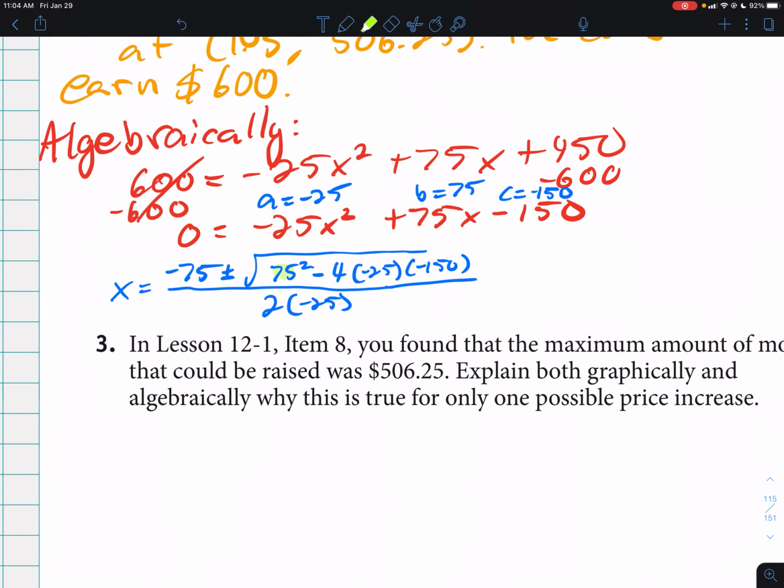So I'm going to simplify this hot mess first. I'm going to put it in my calculator exactly like that.